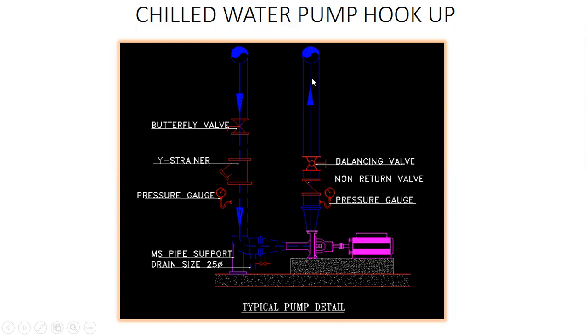Water is going from the pump. In the suction side, we require a butterfly valve, strainer, pressure gauge, and a drain valve. And in the discharge side, balancing valve, non-return valve, and the pressure gauge. So I'll go to the Revit.